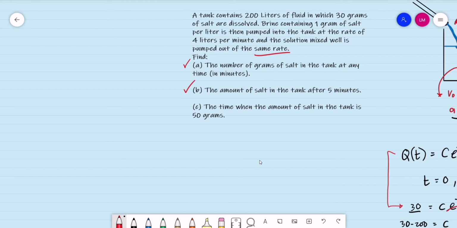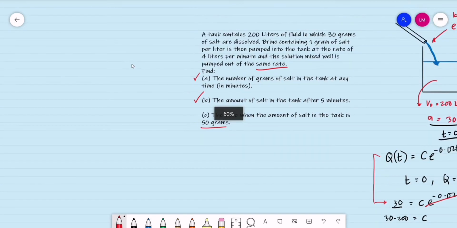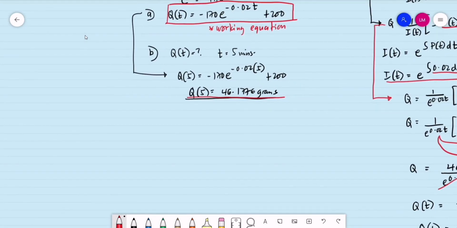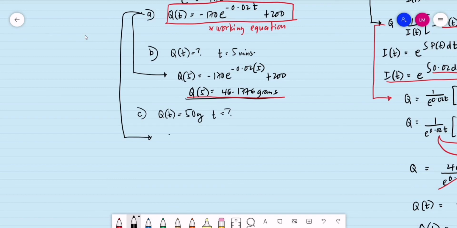So for letter C, the time when the amount of salt in the tank is 50 grams. For letter C, we have the amount of salt equal to 50 grams, so we are looking for the time. Again, from our working equation, Q of t is equal to negative 170 e raised to negative 0.02 of t plus 200.